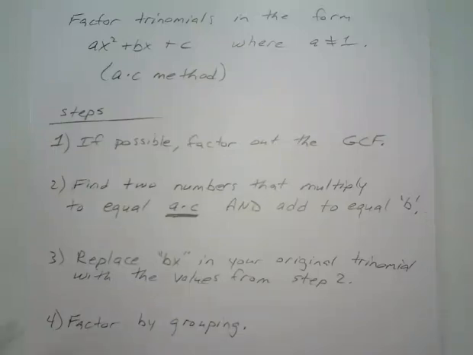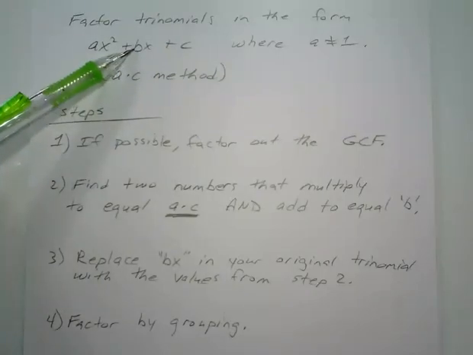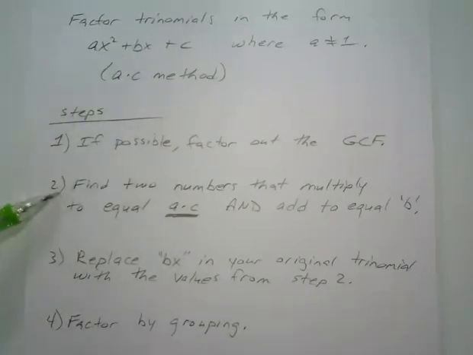Your third step is you're going to replace the bx term with the two numbers you have from step 2. That will give you 4 terms, and once you get 4 terms, your fourth step will be factor by grouping, which was covered in previous videos.